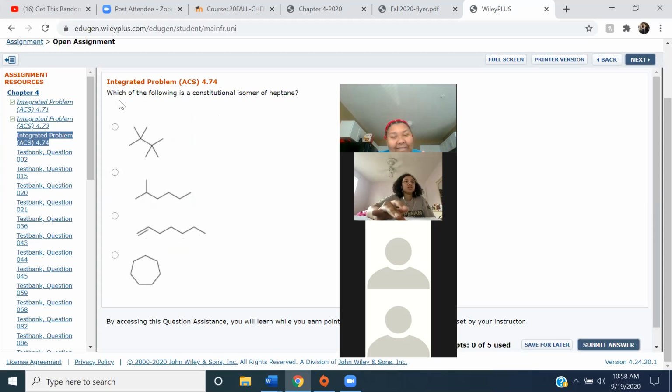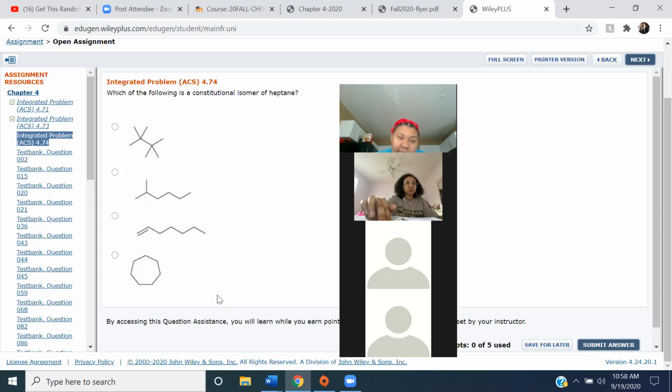Which of the following is a constitutional isomer of heptane? It's going to be the second one. Yeah, that's right, it's B. Do we know why? It says heptane, so you know it's not a cyclo.